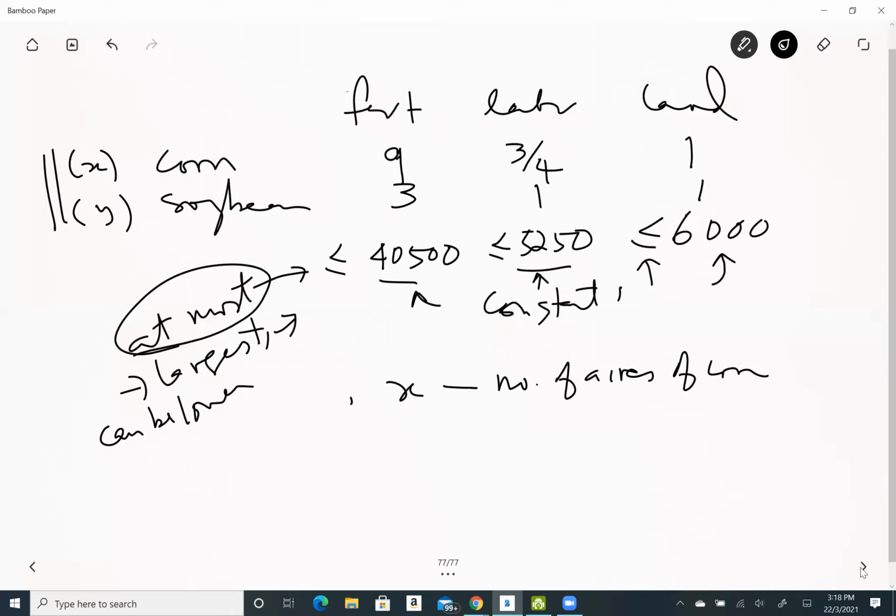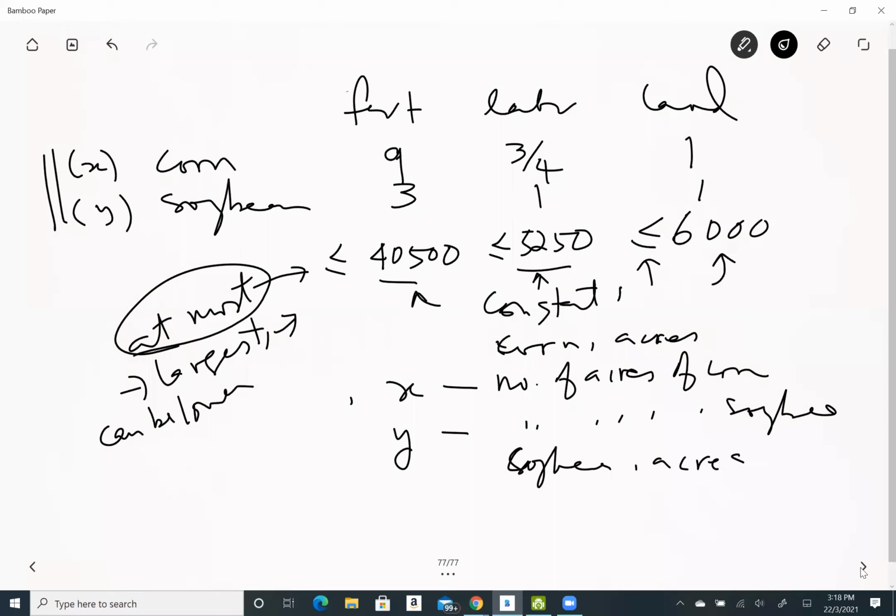Or you can put here simply corn, but in acres, not in kilograms. That means the area of land that you grow corn. And y is the number of acres of soybean. So from here, you have the variables x, y, and then I have the constants here.